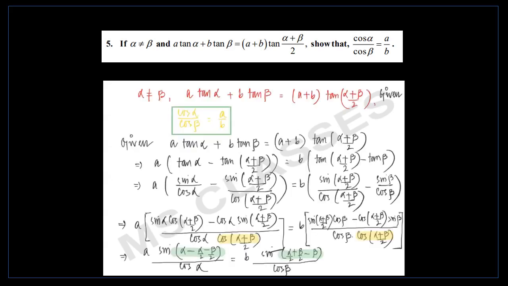So here, alpha is not equal to beta, and A tan alpha plus B tan beta equals (A plus B) tan of (alpha plus beta) by 2.